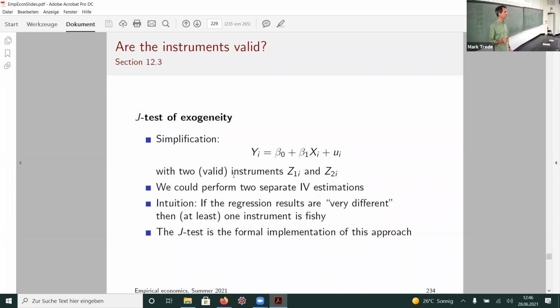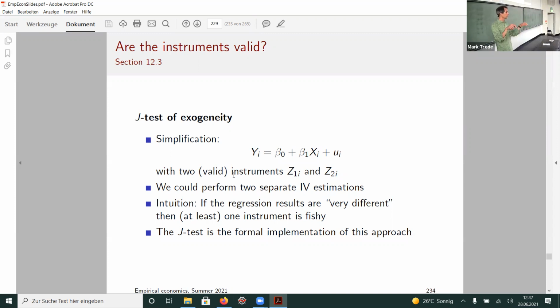And the idea of the J-test is related to the idea that we actually do run these two regressions and check whether they are very different from each other. They shouldn't be very different if the instruments are correct, if they are valid, because in that case, everything goes smoothly.